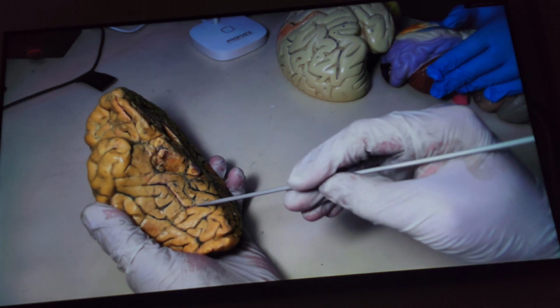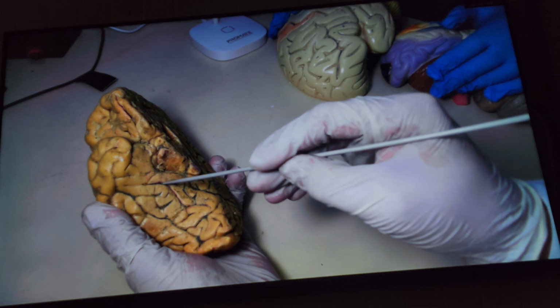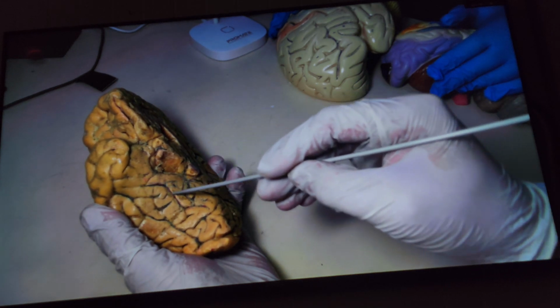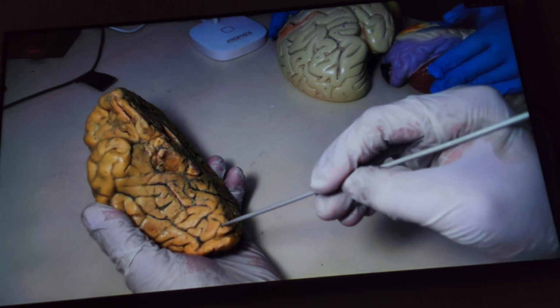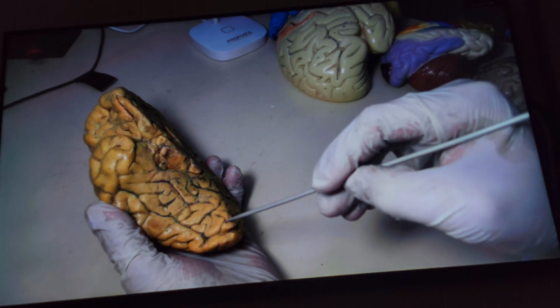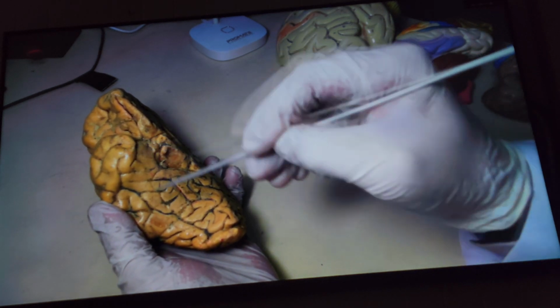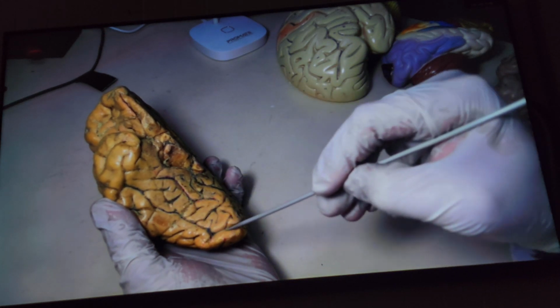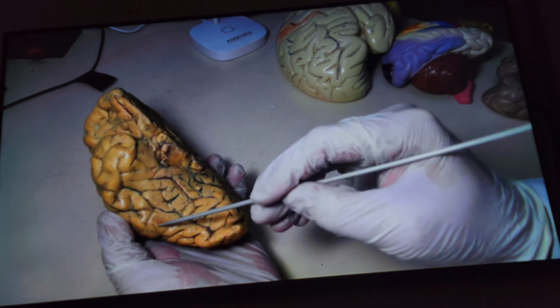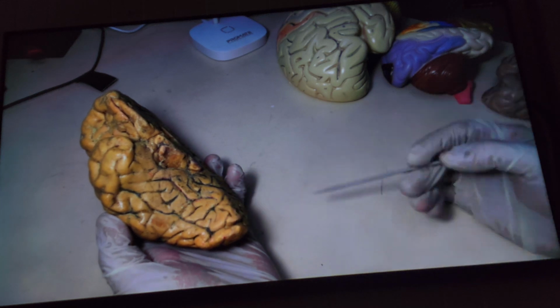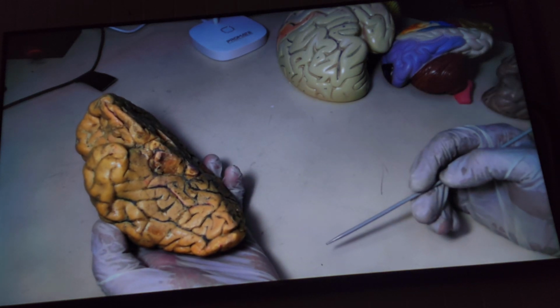Lateral to the lingual and parahippocampal gyri, there is a sulcus called the collateral sulcus. Another sulcus here is called the occipitotemporal sulcus. These two gyri are the medial and lateral occipitotemporal gyri.